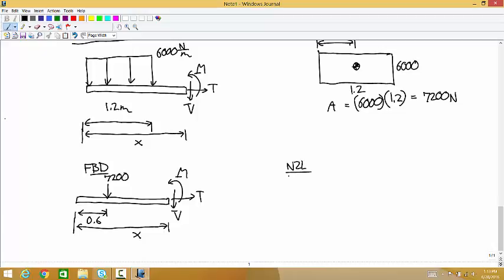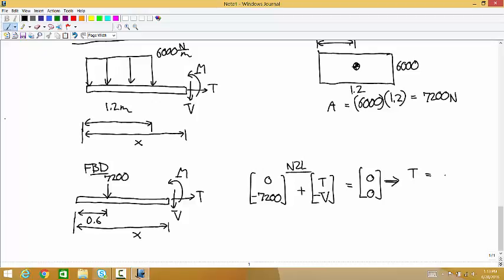So Newton's second law says 0, negative 7,200, plus t, negative v is equal to zero. So t is equal to 0, v is equal to negative 7,200.